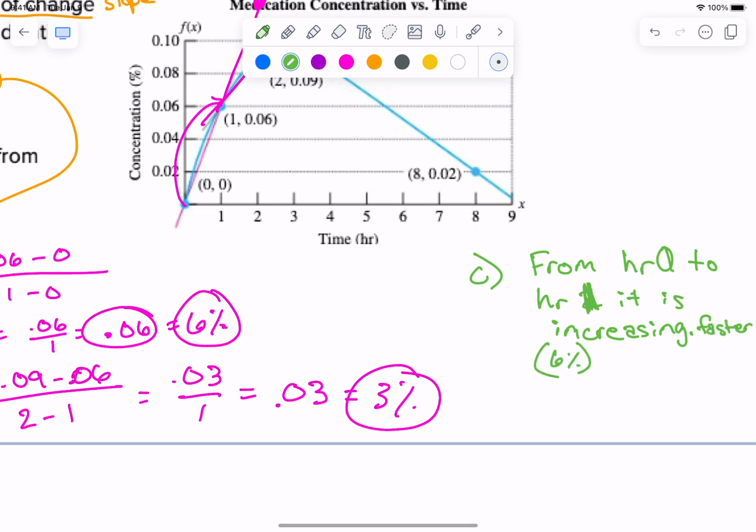It's increasing faster than from hour 1 to hour 2, 3%. Okay, so it's increasing at a steeper pace, or a faster rate, from 0 to 1 hour than it is from 1 to 2 hour.